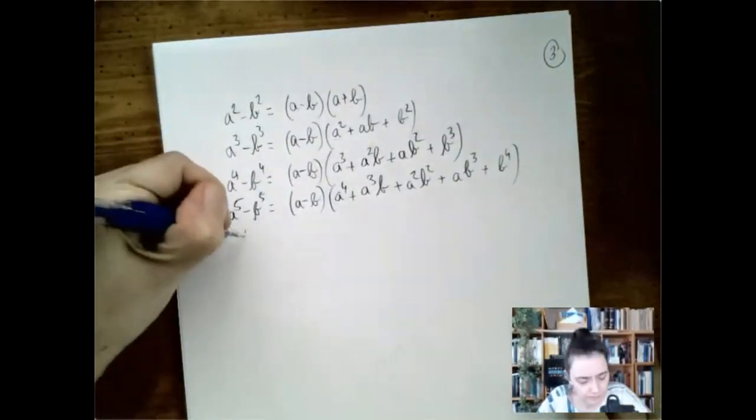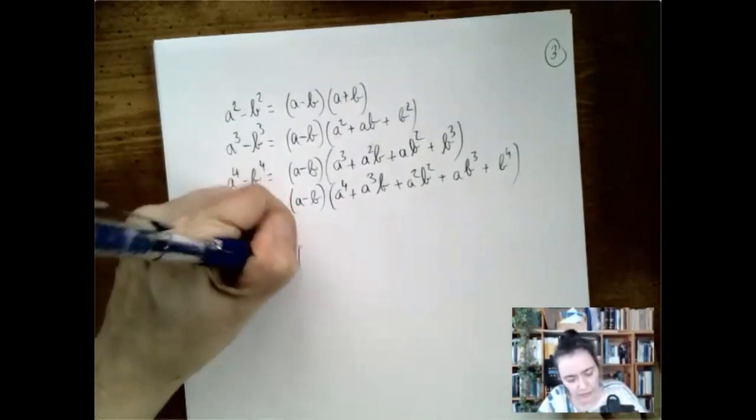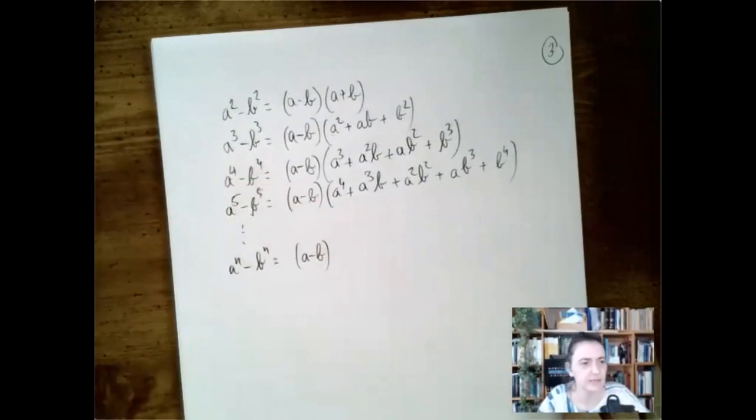Right, and so on. So a to the n minus b to the n can be factored, and the first piece is a minus b. And this has tremendous applications in number theory, on divisibility things.